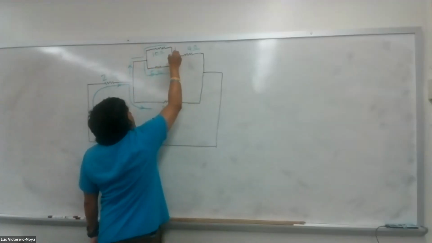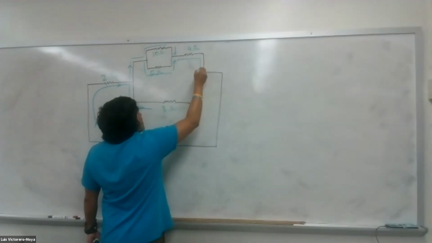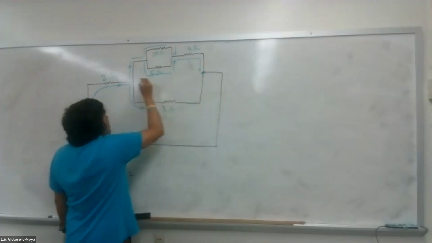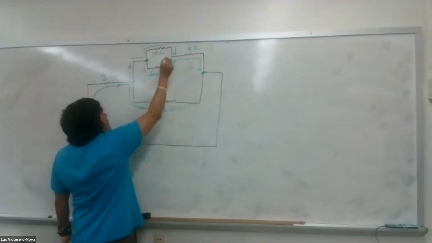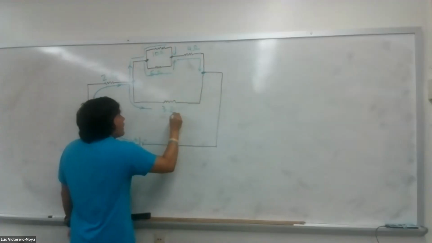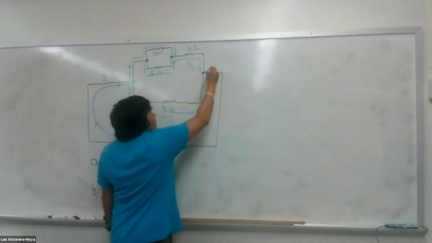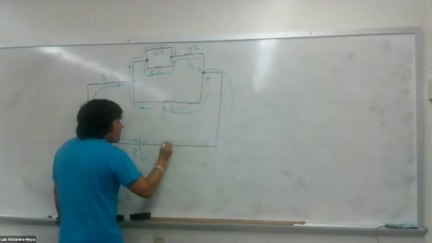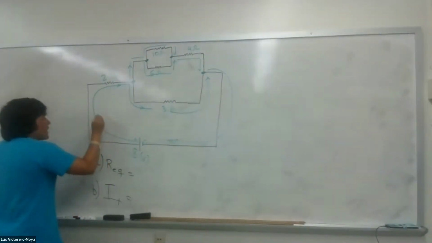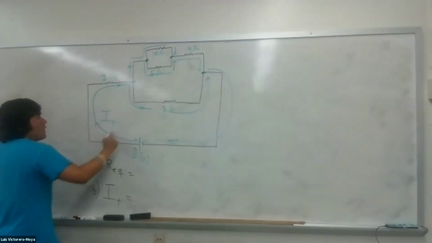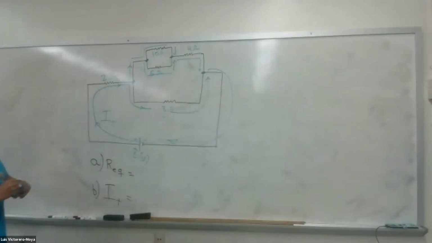It goes back. That's another junction here, and now they go back here, all the way back in there. So this is the current total, and then we want the equivalent resistance. All right? Okay, so let's start.